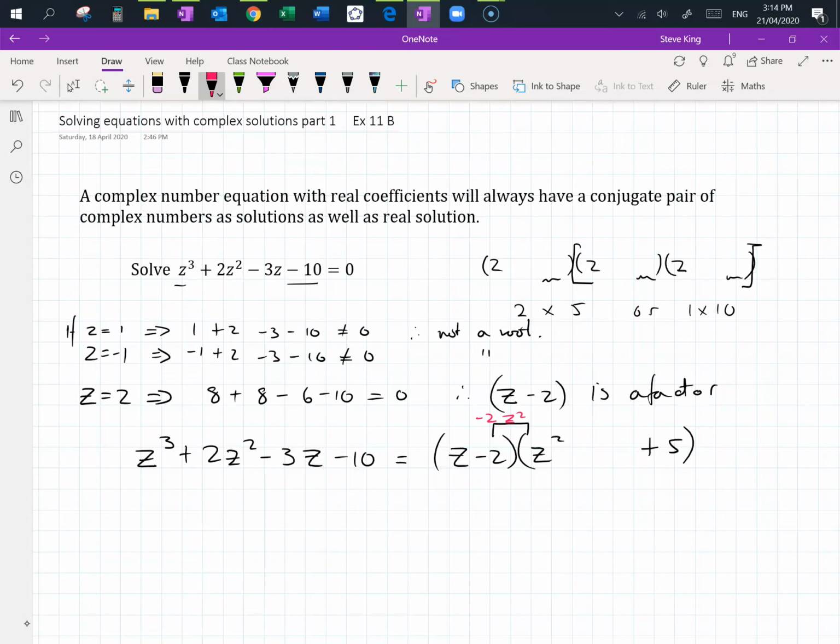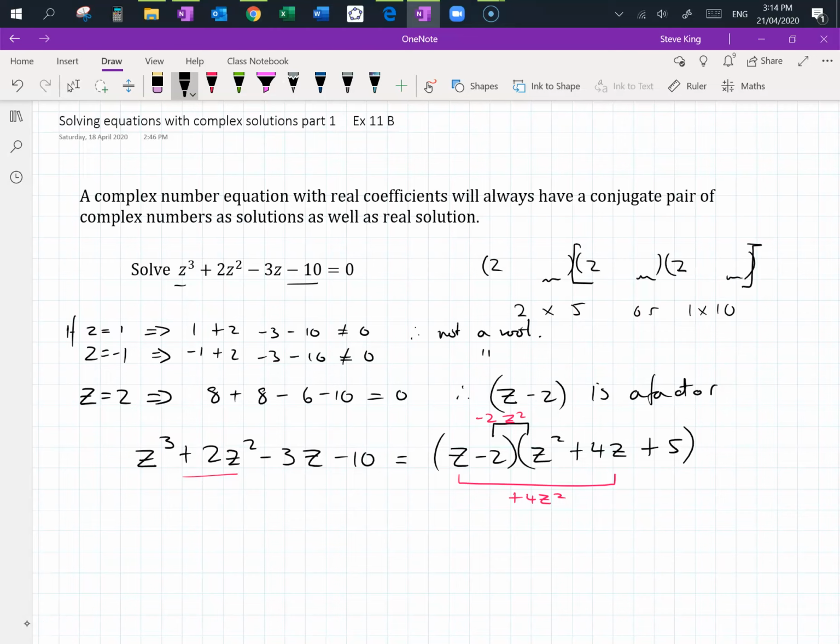So in other words, this product over here must make plus 4z squared, in which case this element here must be plus 4z. This is work that we would have done earlier this year with the remainder theorem and the factor theorem.